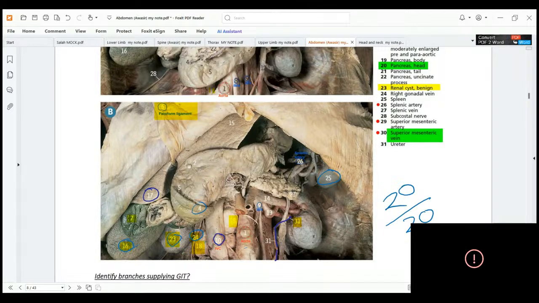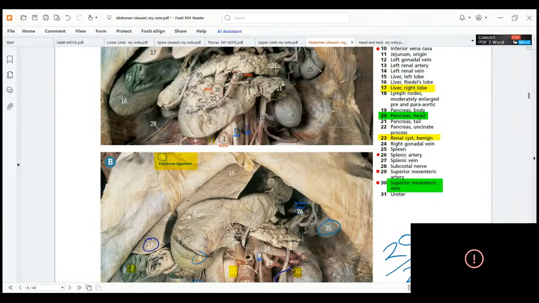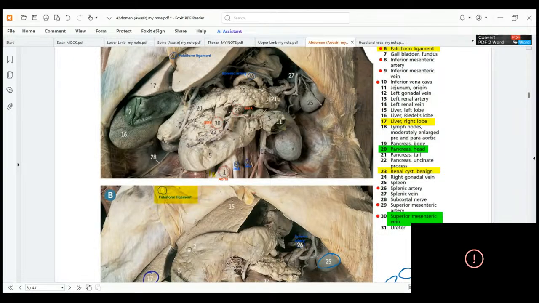20. Where is 20? 20 head, neck. It should be neck. 22 is pancreas, uncinate process.